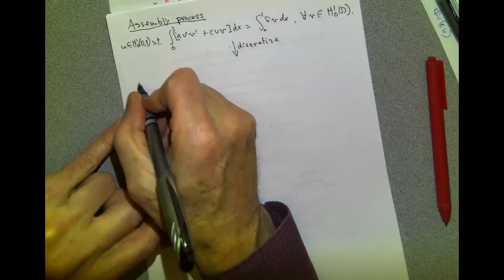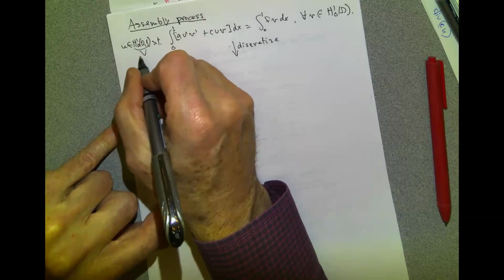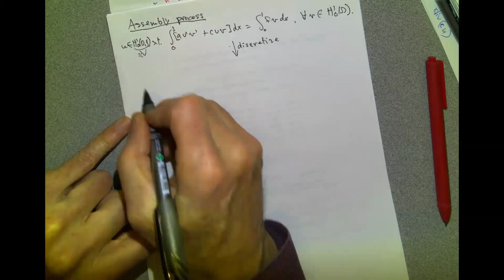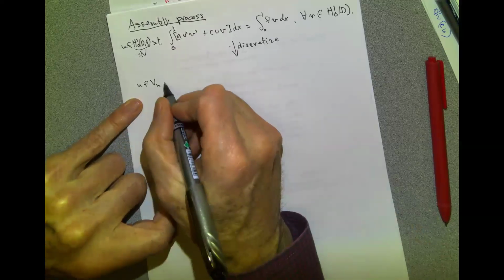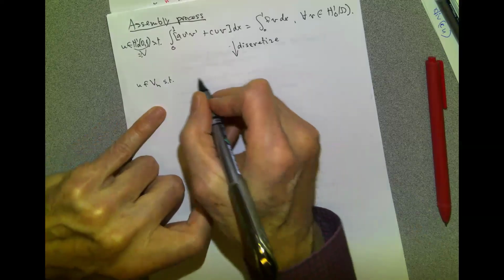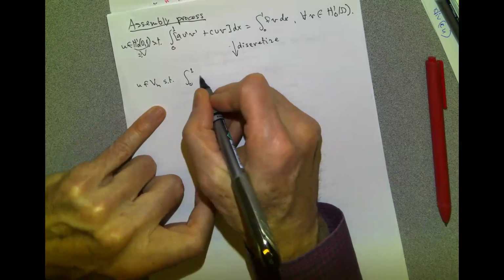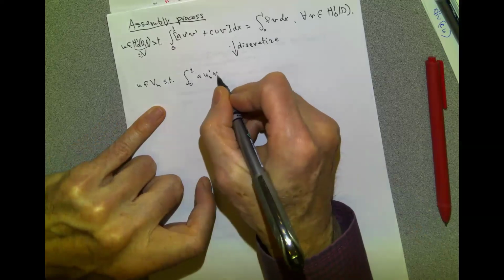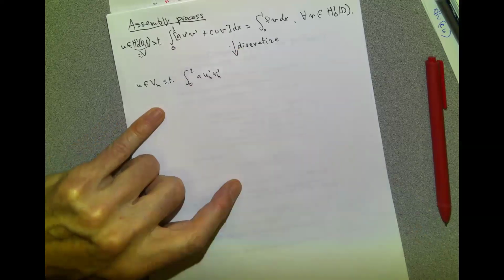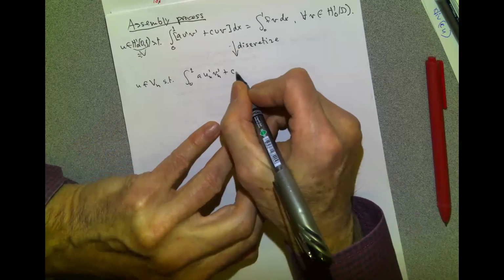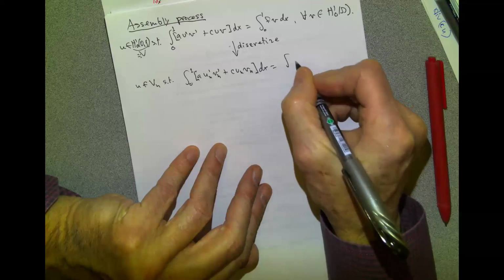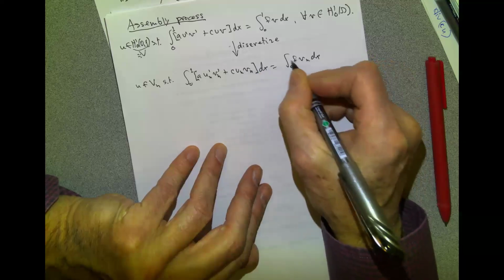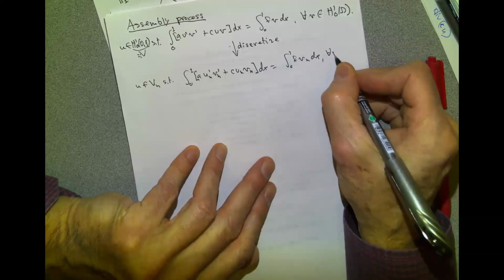This is our set V_h. So you look for u_h in V_h such that the integral over (0,1) of u_h' v_h' plus c u_h v_h dx is equal to the integral of f v_h dx, and this needs to hold for all v_h in V_h. Discretizing is just adding an h on the unknown.